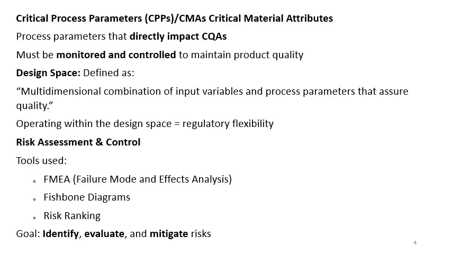Then critical process parameters, abbreviated as CPPs. These are the process parameters which have a direct impact on the CQAs. If CPPs are not within the range, then it will impact the CQAs. The CPPs must be monitored and controlled to maintain the product quality.